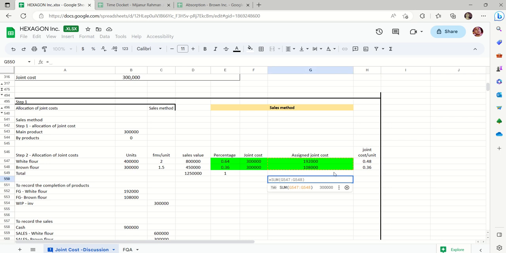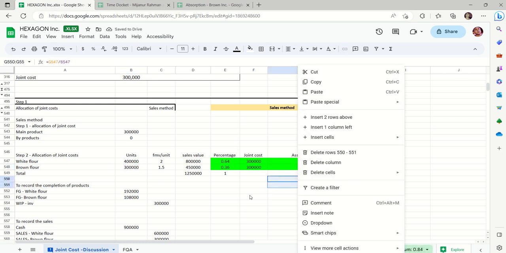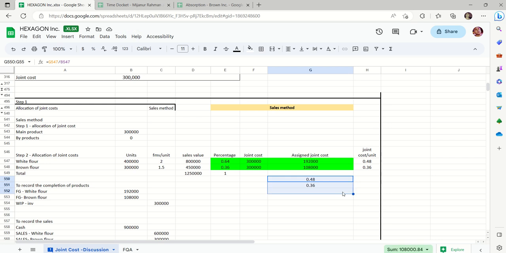We just simply divide this by the total units produced. That would give you 48 cents. And this 108,000 divided by this 300,000 would give you 36 cents. These two numbers, these cells highlighted in yellow.